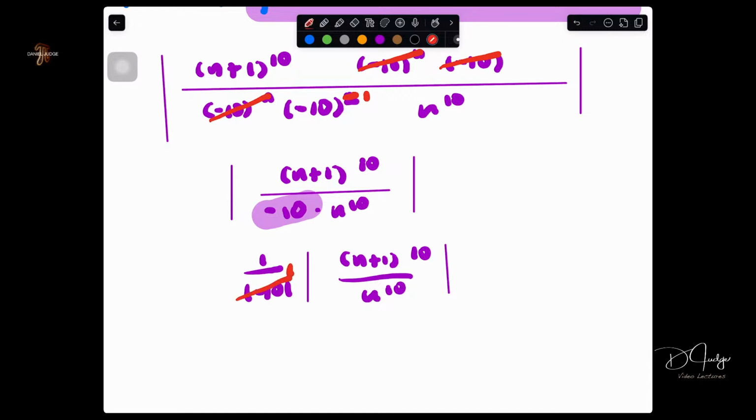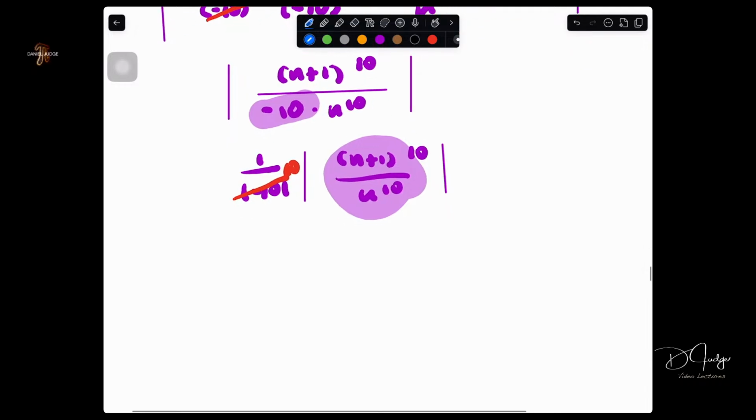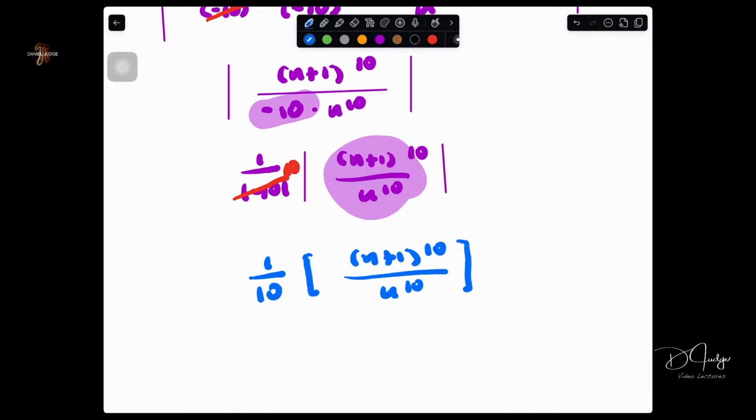This is really just 10. And what you have here is going to be strictly positive now. So we really have 1 over 10 times n plus 1 to the 10th power over n to the 10th power.